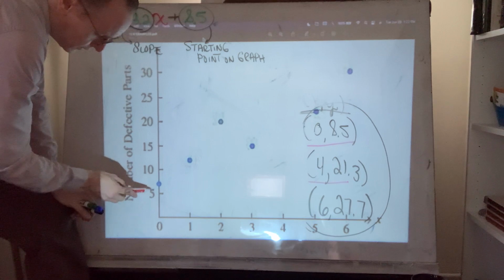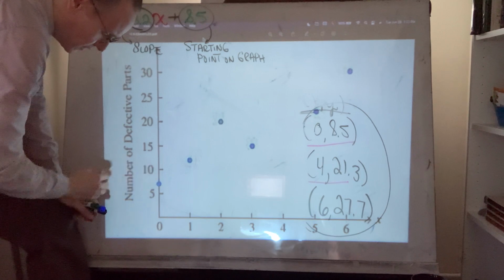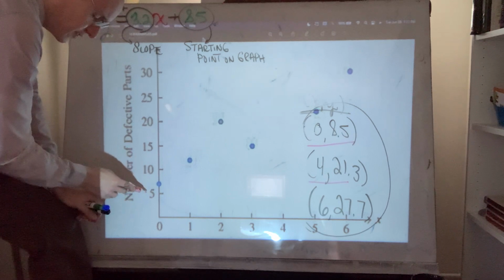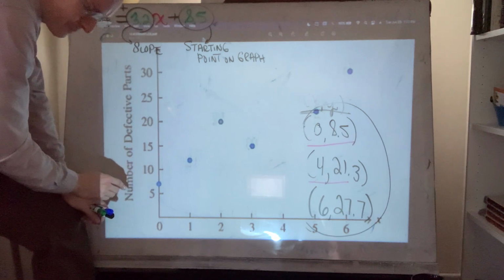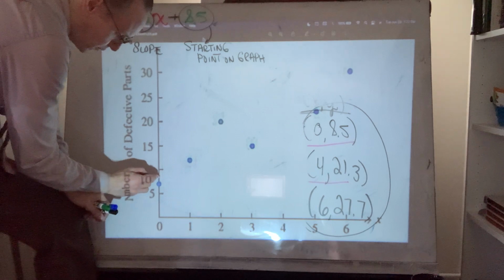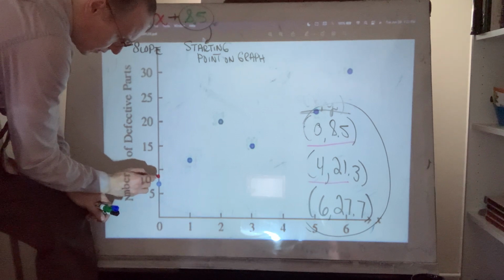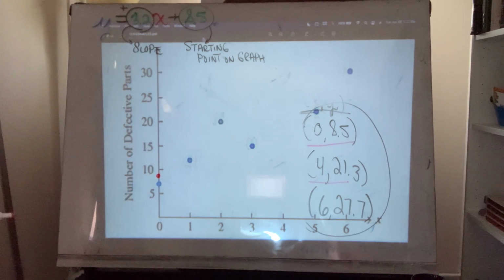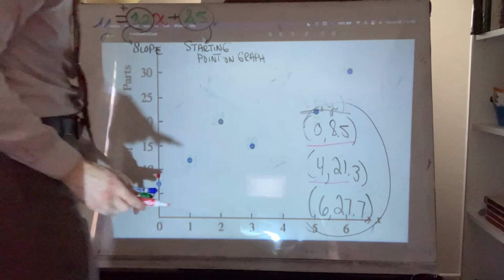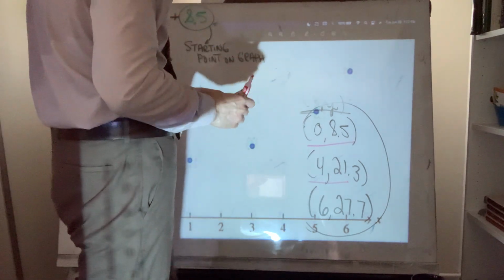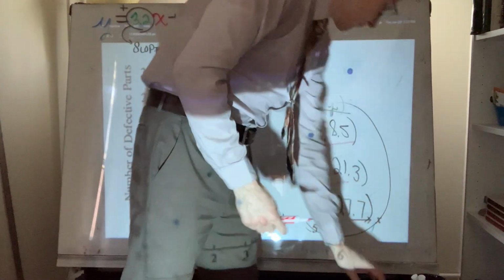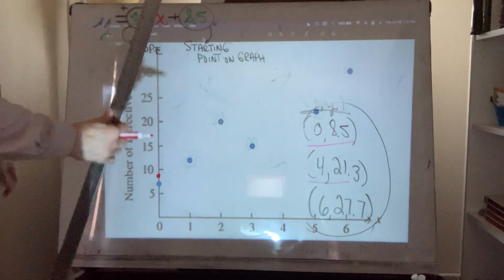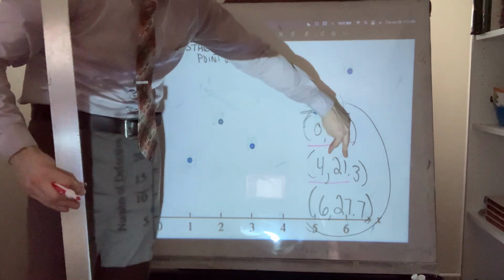It's a little hard to see because of the way that it's incremented, but exactly halfway between 5 and 10 would be 7.5, so 8.5 would be just a smidgen higher than this. Over here at 4, we would have to go up to just a little bit more than 21.